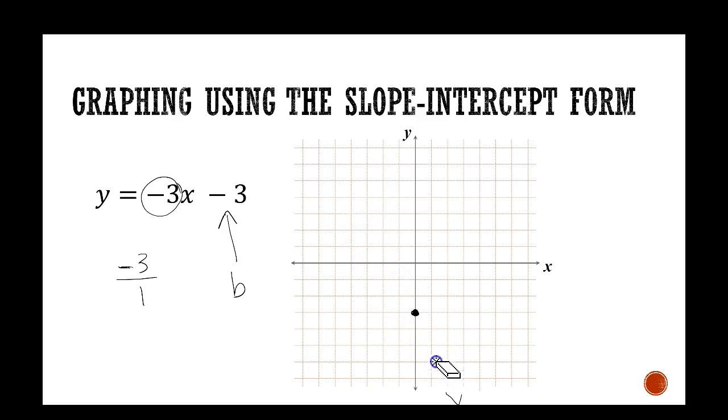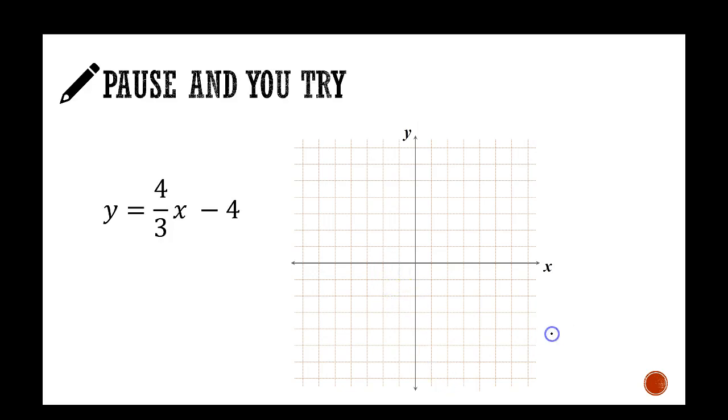So don't write this down, but let's say you did down 3, but then you went here. Well, that now gives you a line that goes up. I should know that that cannot be possible solely because my slope is a negative. So it has to be in the other direction. All right, so keep that in mind. Don't lose some of those basic concepts that we've covered about slope.